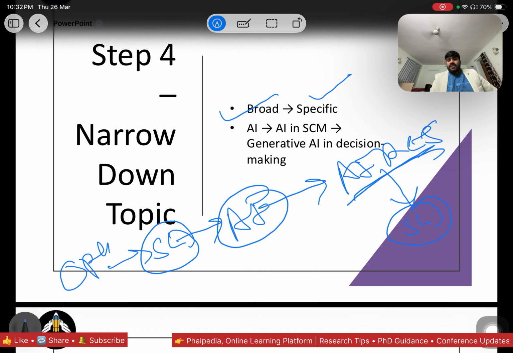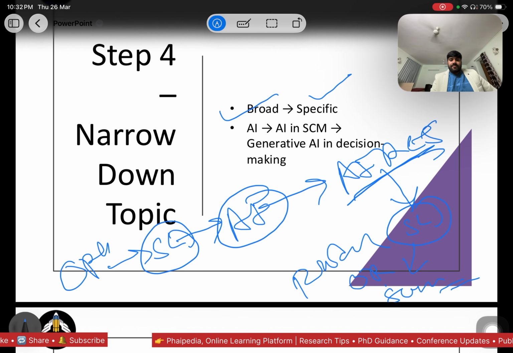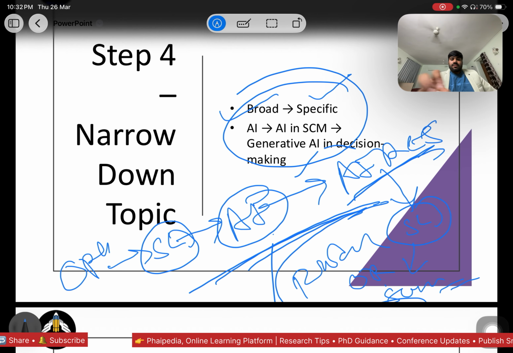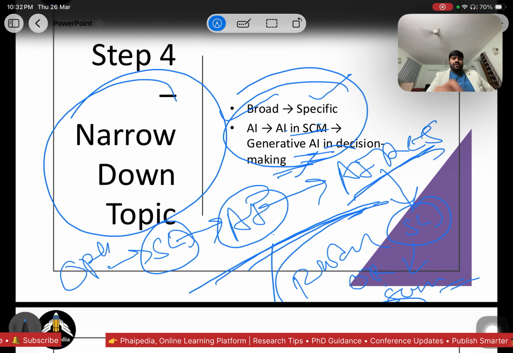Okay, and then in supply chain, which is it, the product supply chain or the service supply chain. This is the basic example. Don't read this. This is also basically saying AI in supply chain, then generative AI in decision making, and so on. So you have to narrow down the topics.